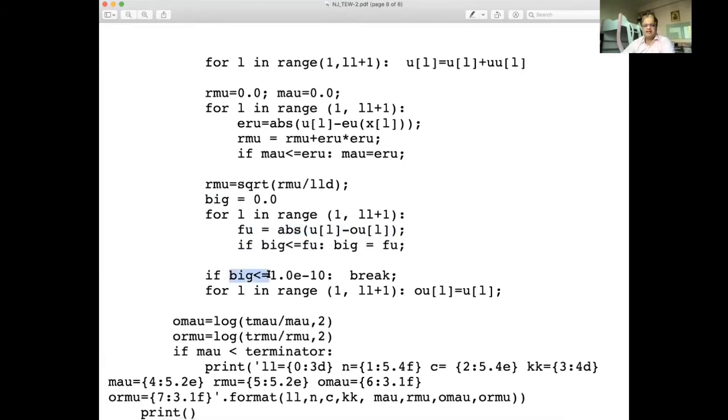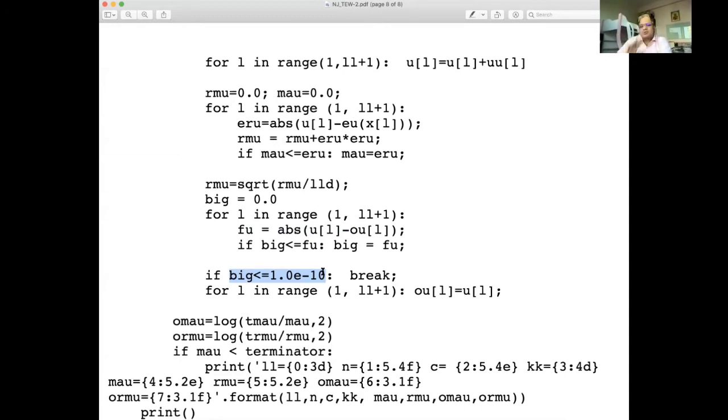And if big is less than 10 raised to the power minus 10, I have to stop. This is what I have written: break. So if the difference of the solution in two consecutive iterations is less than 10 raised to the power minus 10, I will stop. I am satisfied with a difference of 10 raised to the power minus 10.